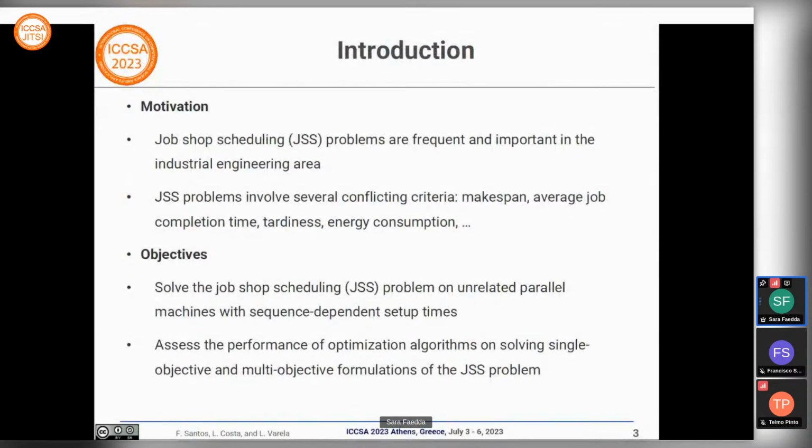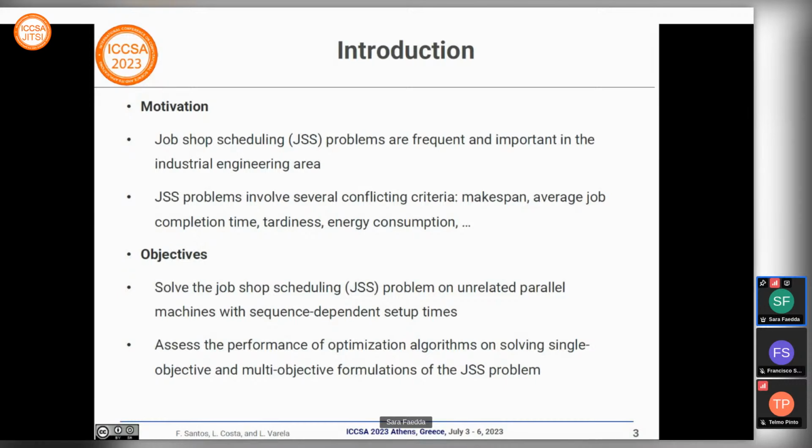So, what is the motivation of this work? These problems, job shop scheduling problems, are very frequent and important in the industrial engineering area. Moreover, these problems involve, in general, several conflicting objectives. I give here some examples: makespan, the average job completion time, tardiness, energy consumption, among other objectives.